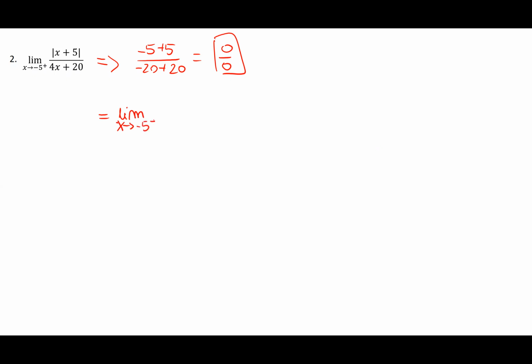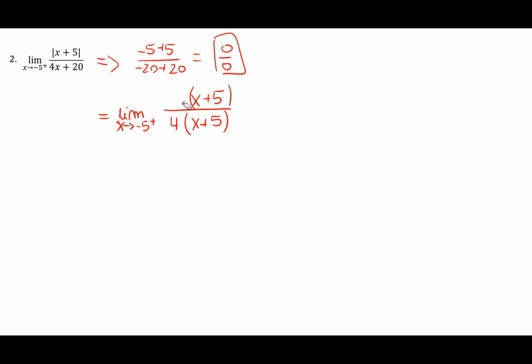x goes to negative 5 from the right-hand side. I will start with factoring out 4, and I see nicely x plus 5, that's the factor that we're looking for. On the top, I also have x plus 5, which is good, they align. But the problem is, I have to check, shall I put the negative or shall I keep the positive?